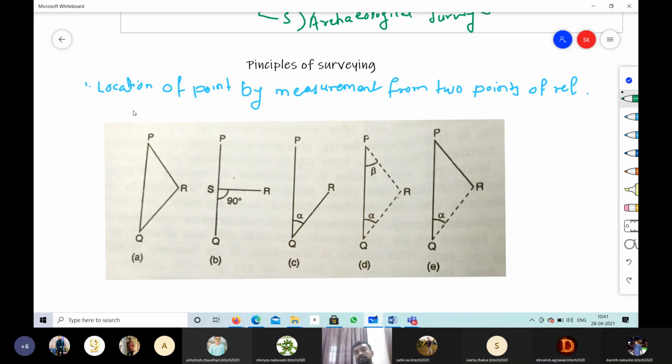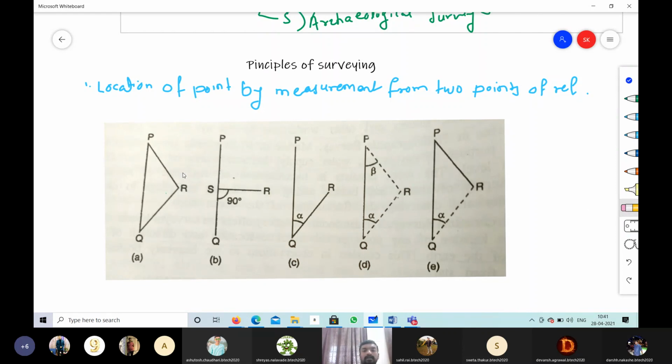If you have distance PR and distance QR, can you locate the point R? Yes, sir. Yeah. So how can you locate R? On paper, you know PQ, and you know the distance P to R, so you will simply mark the arc. Maybe like this.